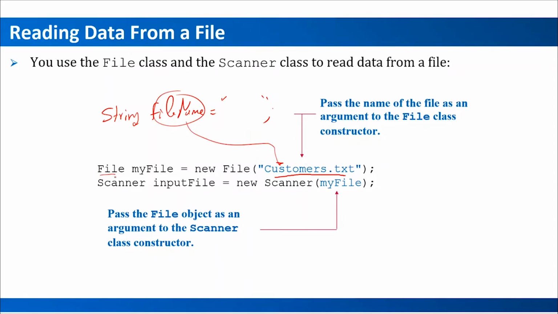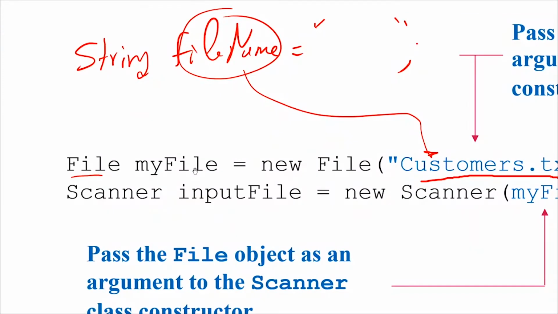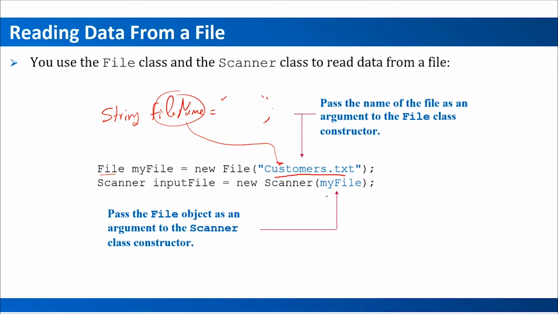Now, once you create a file, you want to link that file to a scanner object, which is going to scan or read the file. If you remember, we defined scanners before, and we linked it to System.in.